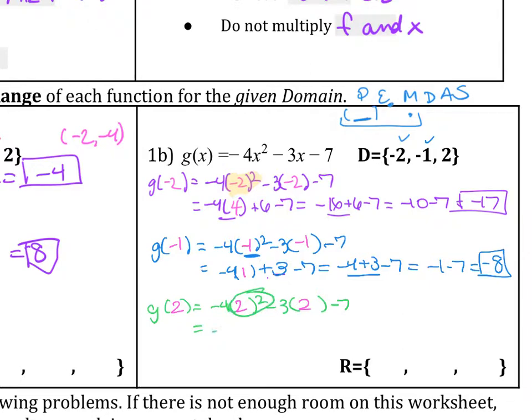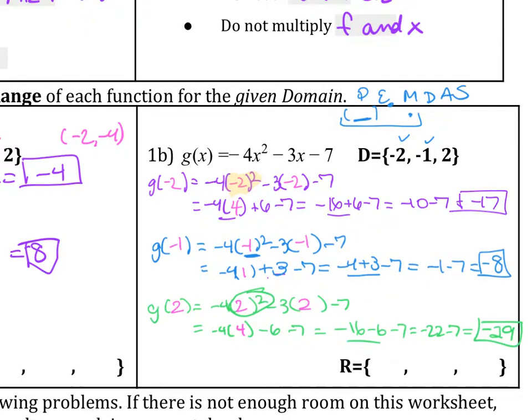So that becomes a positive 4. The negative 3 times 2 becomes a negative 6 minus 7. So it's negative 16 minus 6 minus 7. Negative 16 minus 6 is negative 22, minus 7, and the whole answer is negative 29.